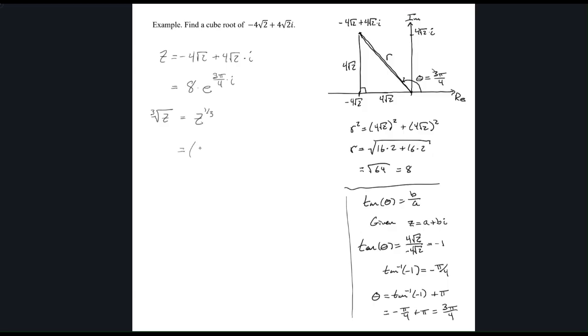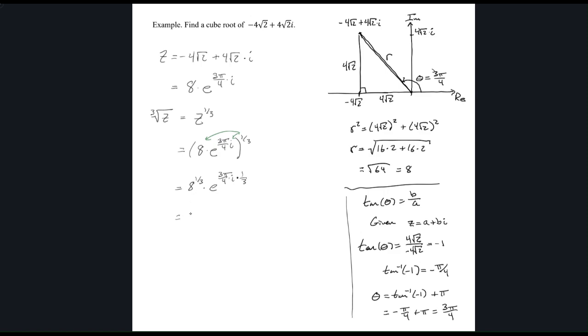So this is going to be the polar form, 8 times e to the 3 pi over 4 times i, all to the 1/3 power. And we can then distribute that 1/3 power to the 8 and the e to the 3 pi over 4i. When you do that, you multiply those exponents together. So you get e to the 3 pi over 4i times 1/3. And this is all multiplication, so we can just reduce those 3's there.